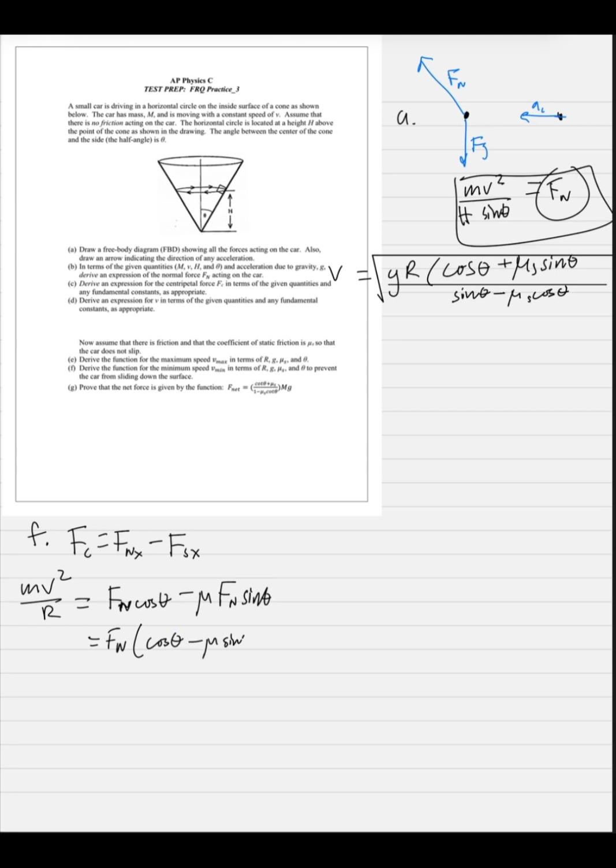Then we look at the y direction to find a replacement for Fn. Now Fsy is pointing in the same direction as Fny, so we'll be adding it. Then we'll expand it.